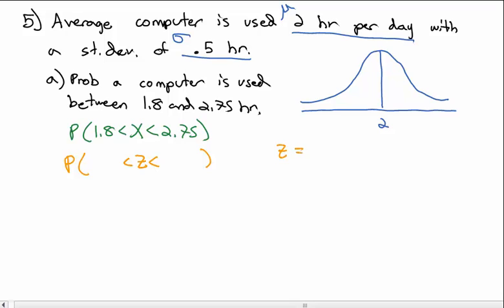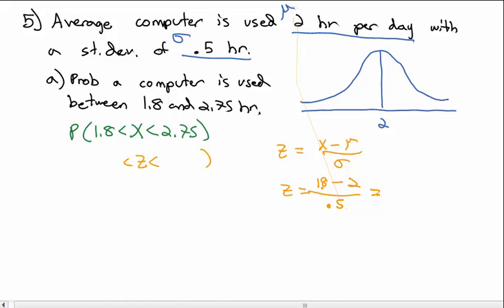Remember that equation was z is equal to x minus mu divided by the standard deviation. This is a formula you want to have memorized. It's going to make life a lot quicker for you in the future. So first with the 1.8. 1.8 is the x value on the left side, minus mu, minus 2, I said 2 was our mean, divided by the standard deviation we said was 0.5.